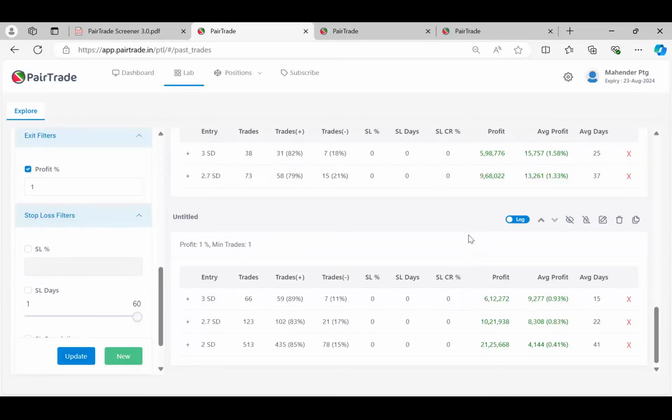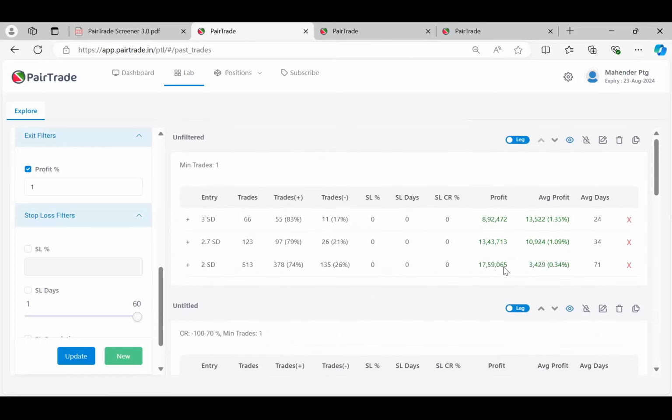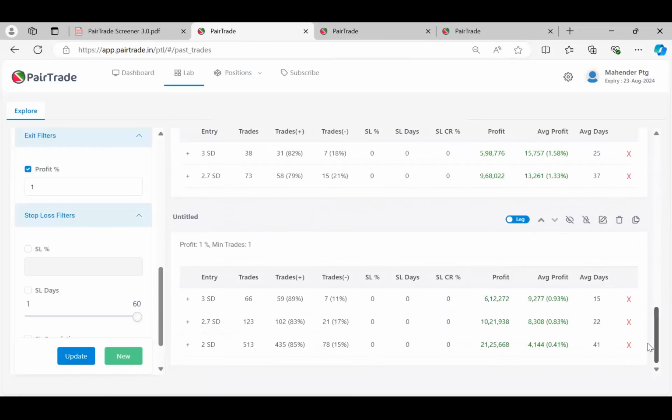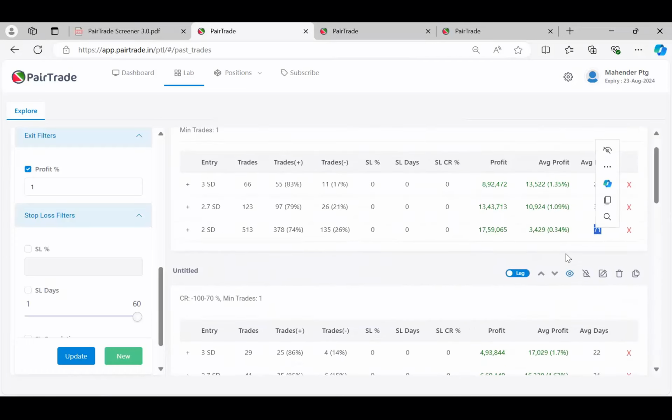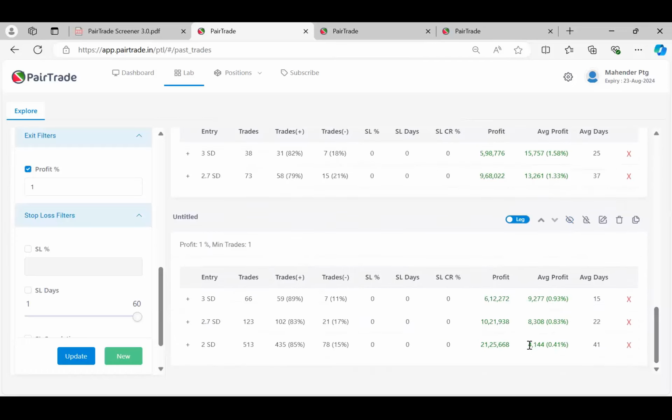Here also it is still 21 lakhs, here it is 17 lakhs only. So that means you are booking at 1%, you are making more. Also, if you see here, the average days is 41 days, here it is 71 days. So our goal should be to increase the average profit and reduce the average days.